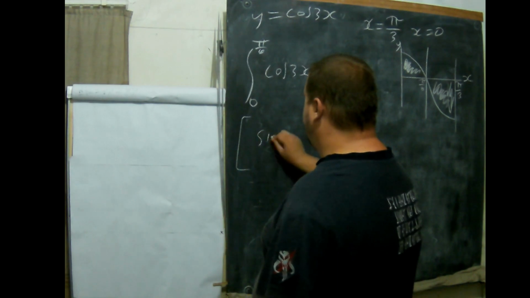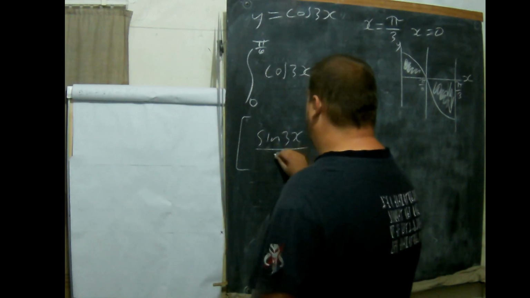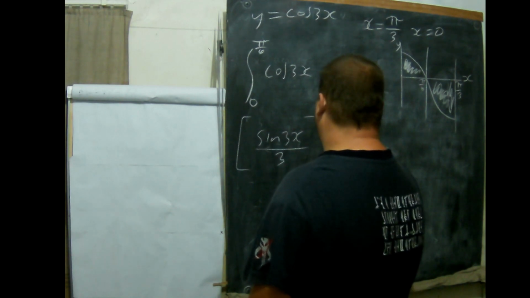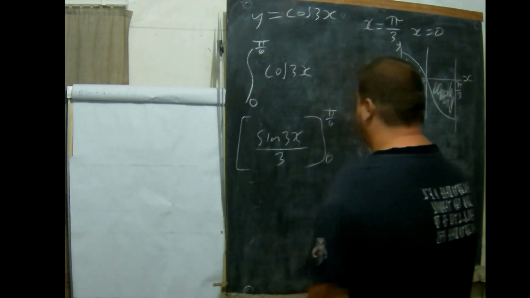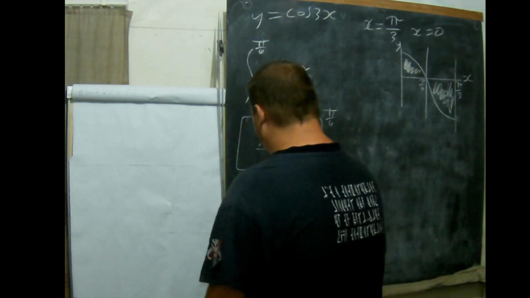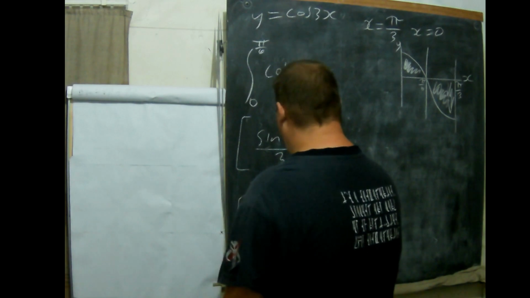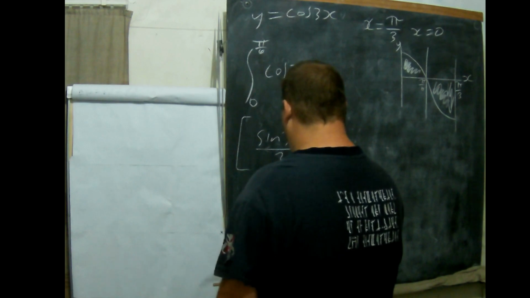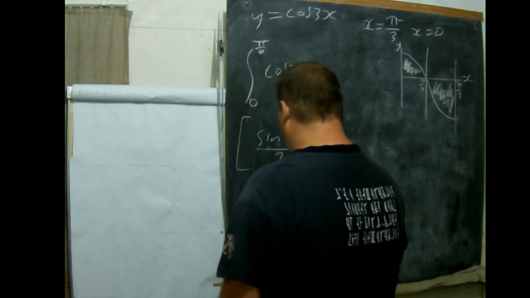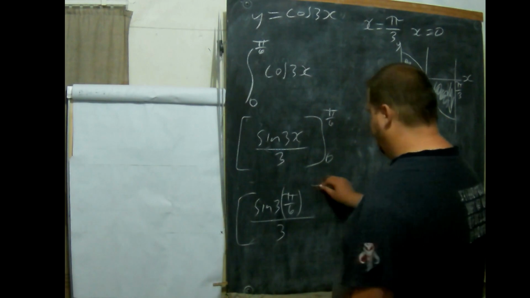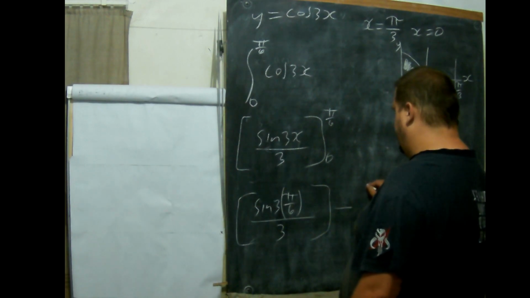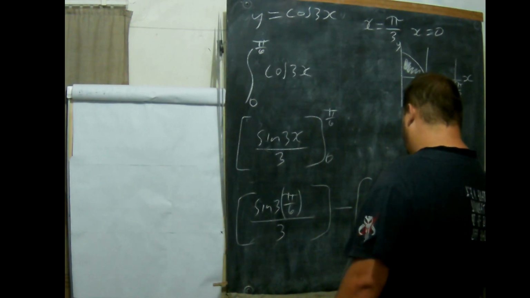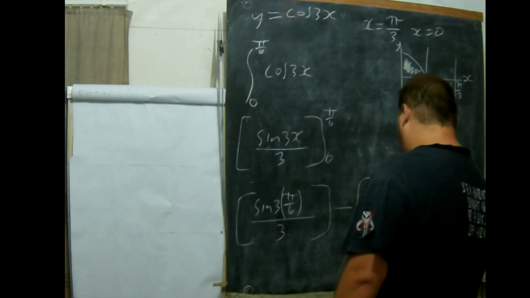So that is sine 3x over 3, between pi over 6 and 0. So now we say sine 3 pi over 6, over 3, minus sine 3 times 0, over 3.